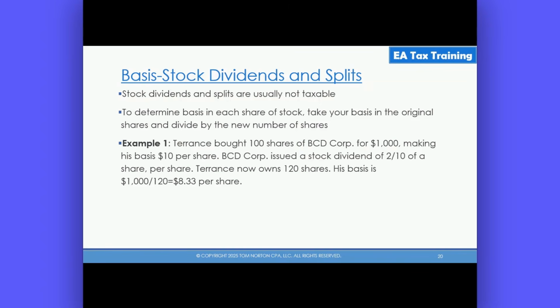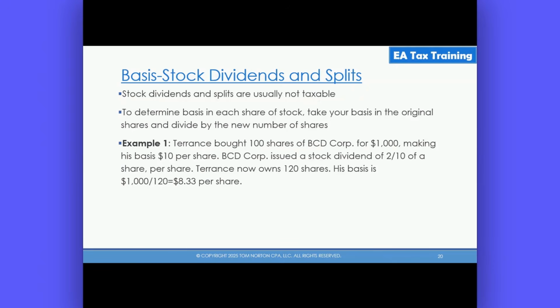So let's look at an example. Terrence bought 100 shares of BCD Corp for $1,000, making his basis $10 per share. BCD Corp issued a stock dividend of 2/10 of a share per share. So Terrence now owns 120 shares. So remember, he does not have to pay tax on that stock dividend. So he got 20 extra shares that they just gave to him as a dividend. No taxable income on that.